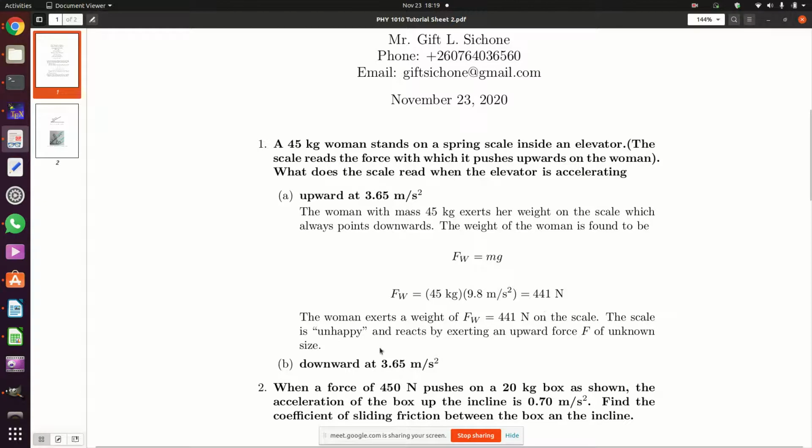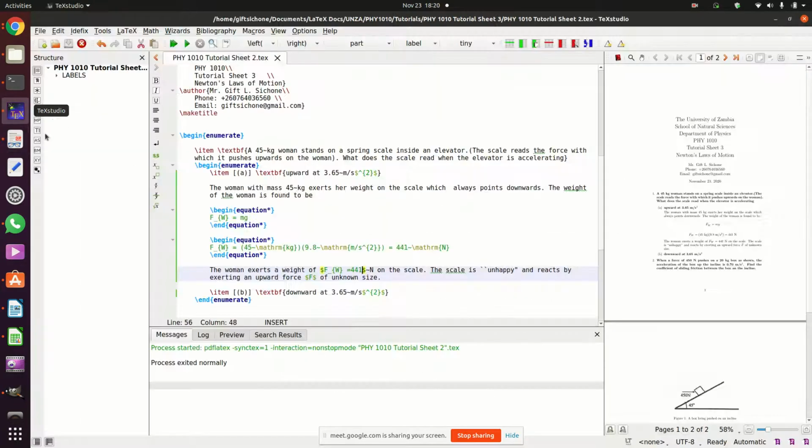The scale is unhappy about this and it reacts. So it pushes back by exerting a force F, which is unknown, of a known size. That's good.